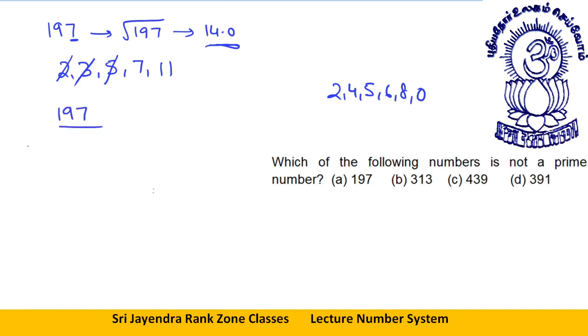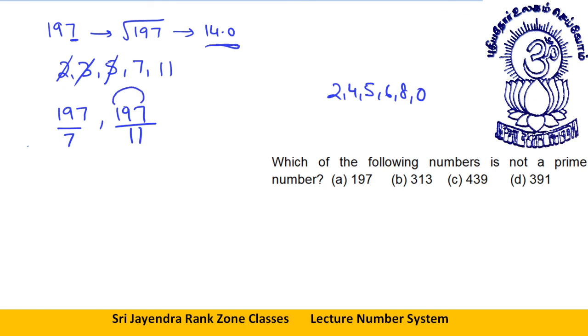197 is not divisible by 7. Why? Because 197 is 196 plus 1. This is divisible by 7, but this is not divisible by 7. Now 197 by 11. What is the divisibility rule of 11?